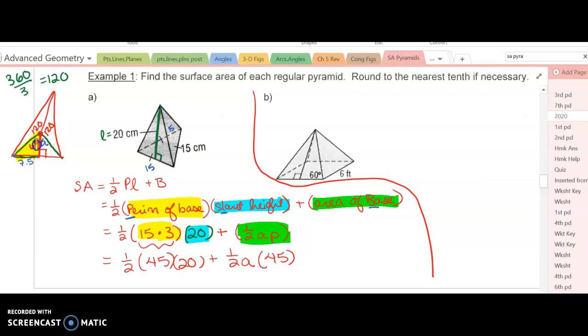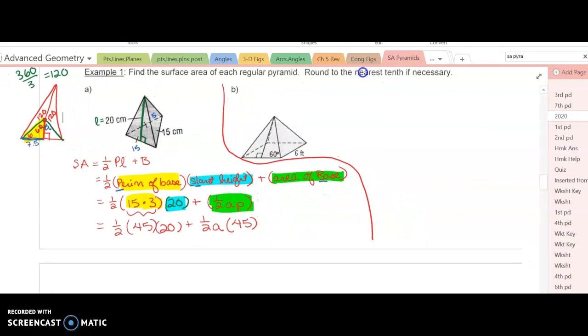If across from 60 is a whole number, then across from 30 is that number times square root 3 over 3. Remember, friends, if you're not comfortable with the 30, 60, 90 shortcut, you can always just use sine, cosine, or tan to solve. In this case, we could have used tangent of 60 equals 7.5 over a, and that would have gotten you your answer as well. So we have 1/2 times 45 times 20 plus 1/2 times 45 times the apothem, 7.5 square root 3 over 3.